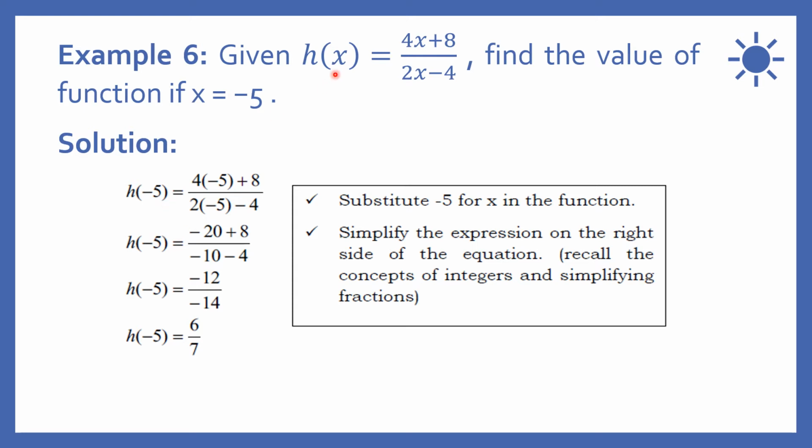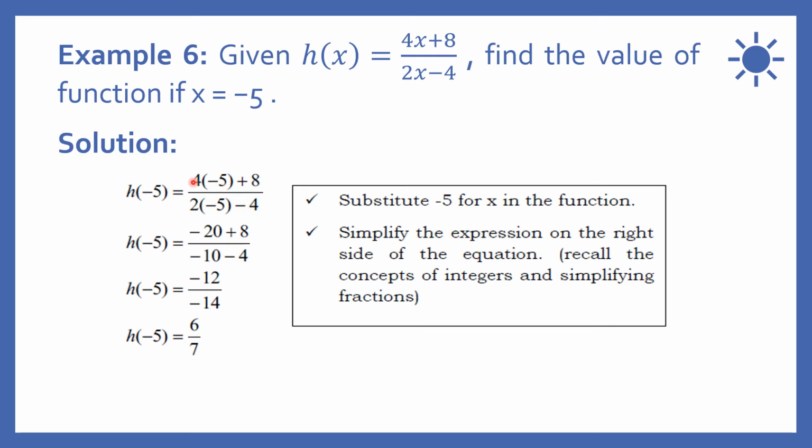So, h of negative 5, kasi ang x natin ay negative 5, equals 4 times negative 5 plus 8 over 2 times, again, yung value ng x natin na negative 5 minus 4. And then, simplify.